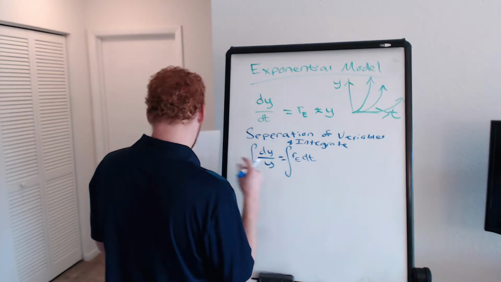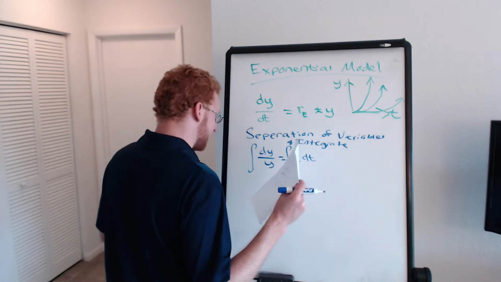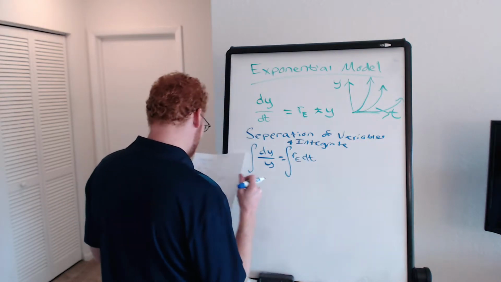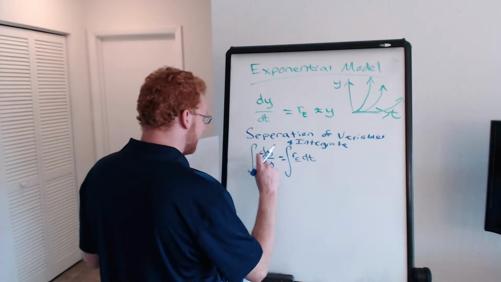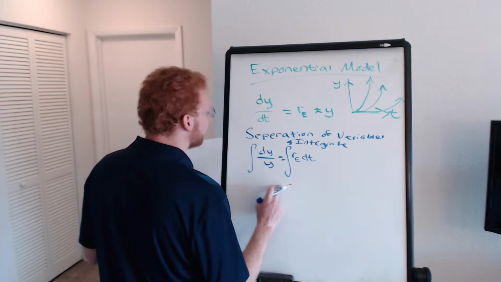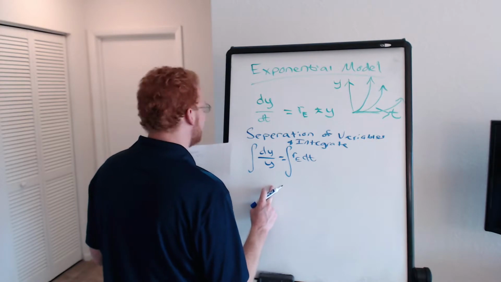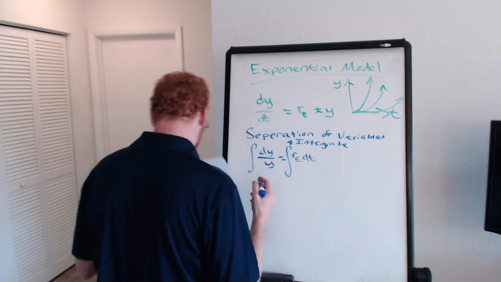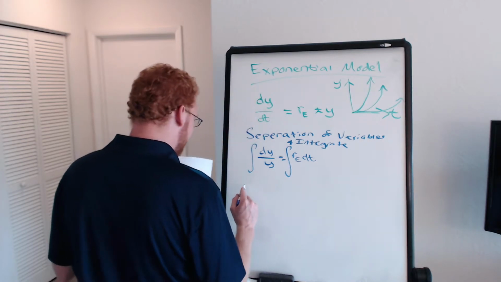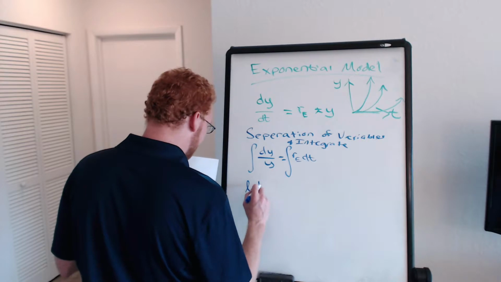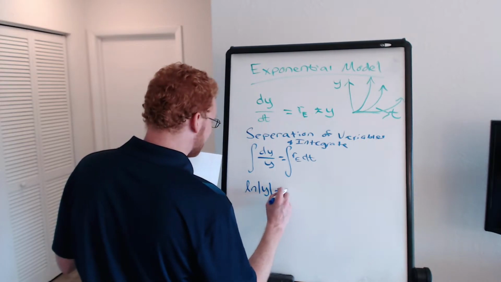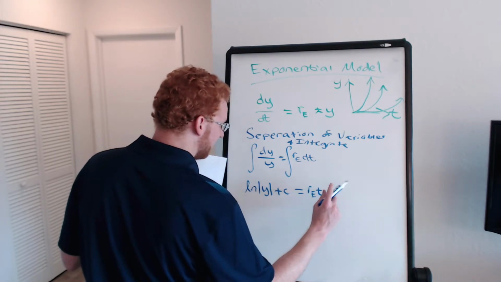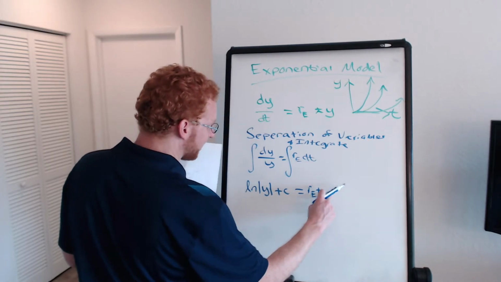I used to think differential equations were mind-blowing when I took the class, and now I'm doing it and it's super not mind-blowing at all. I'm just going to do indefinite integrals, no limits, because I don't feel like going into definite stuff. This is equal to the natural log of the absolute value of y plus a constant, equal to r sub e times t plus a constant. I'm going to group this constant in that one.